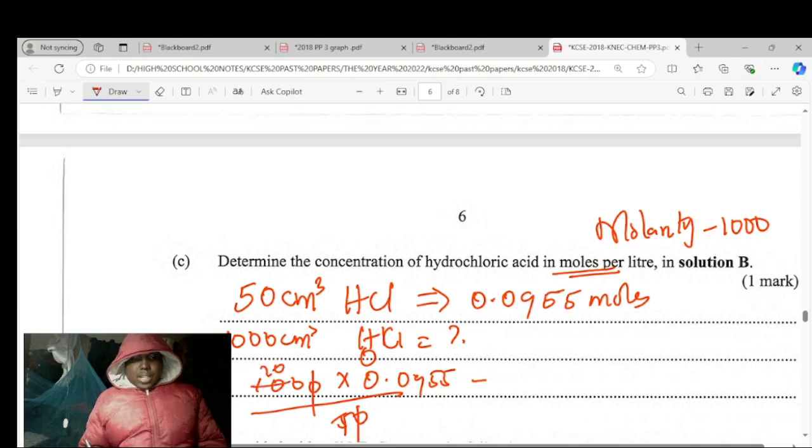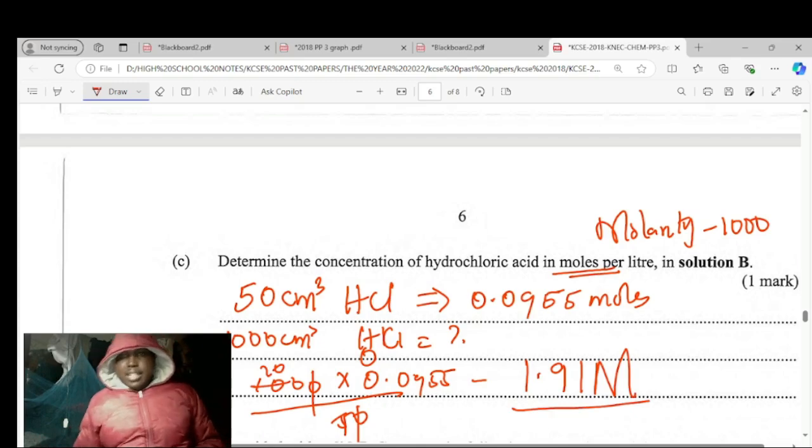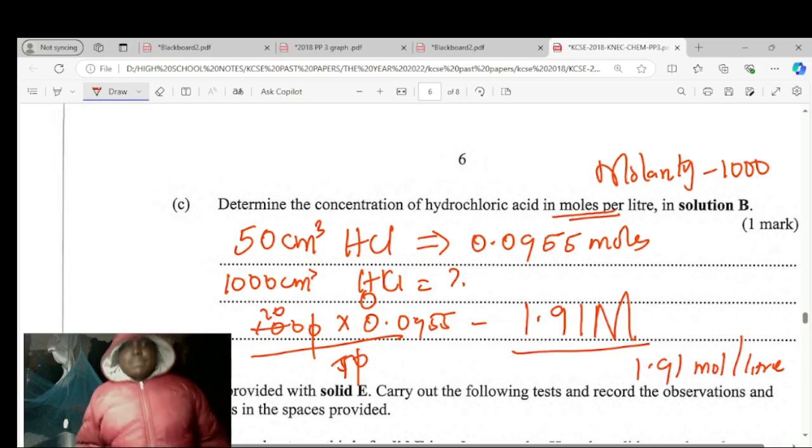So the answer is going to be 1.91 capital M. Capital M stands for molarity. Molarity is the number of moles in a liter. If you write it that way, you can write 1.91 mole per liter. Very nice.